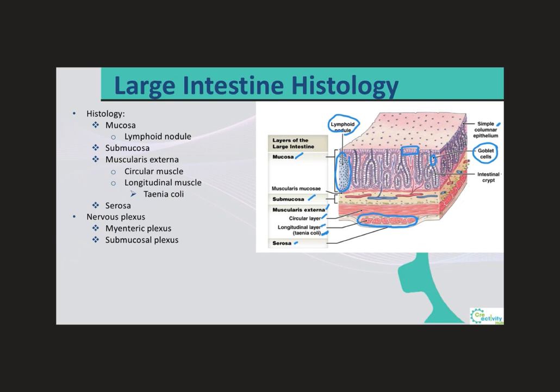The submucosa and the muscularis externa will continue to have the nervous plexus because we do need to have muscle contraction and gland secretion. Therefore, the submucosa will contain the submucosal plexus and the muscularis externa will contain the myenteric plexus between the circular muscle layer and the longitudinal muscle layer.